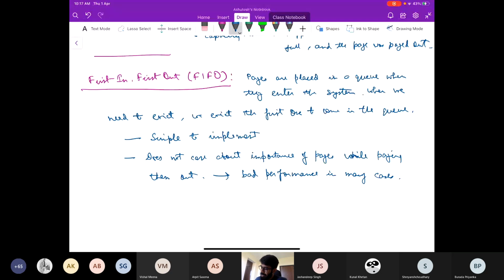Okay, and there is one very intriguing thing, that the performance of FIFO can go down even when we increase the size of cache.